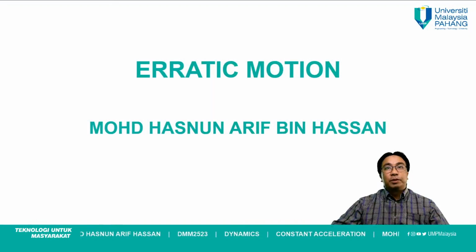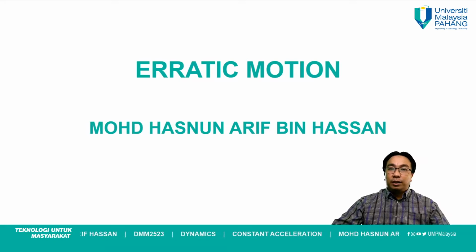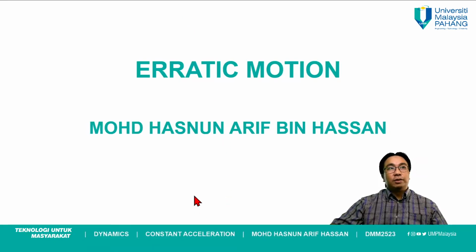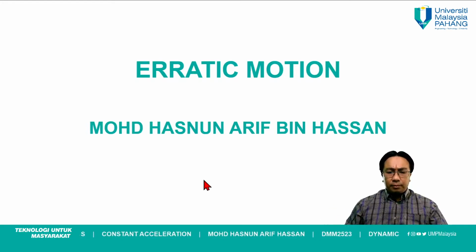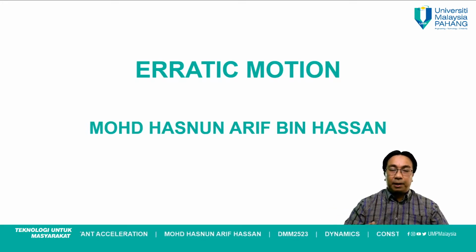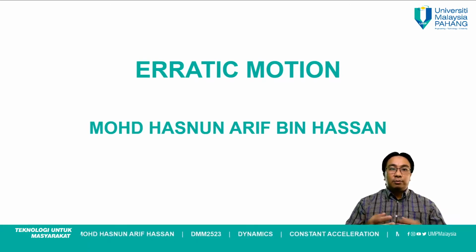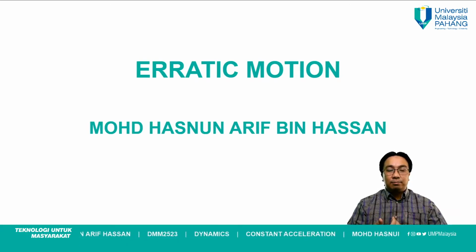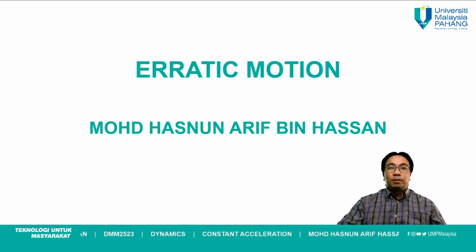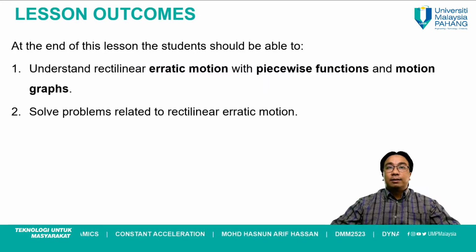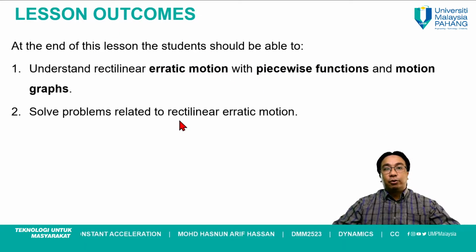So for today's class, we are going to discuss erratic motion. Previously, if you recall, I was explaining about continuous motion. Now we will discuss erratic motion. What is the difference? I will explain later. Now let's look at the outcomes for today's lesson.